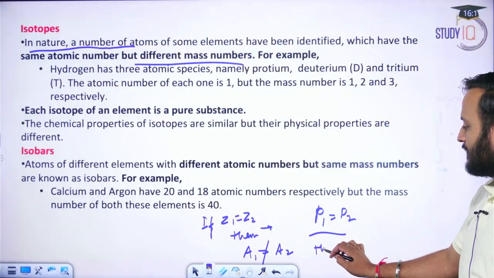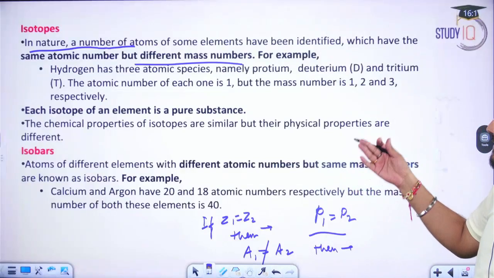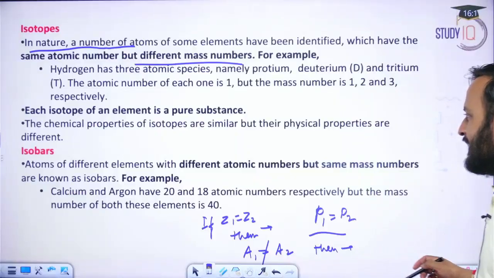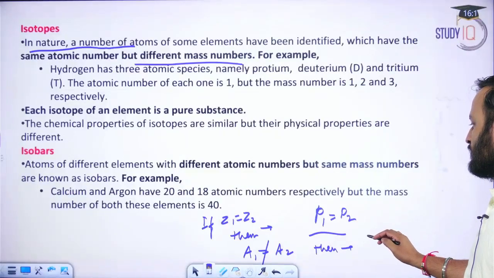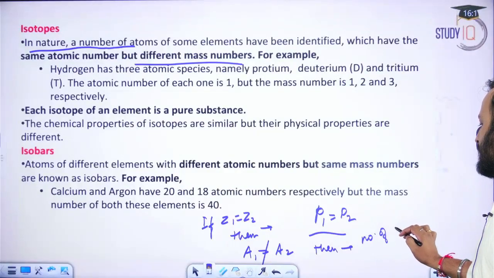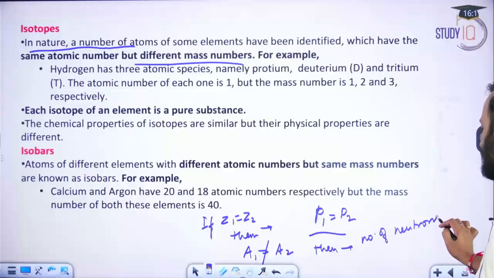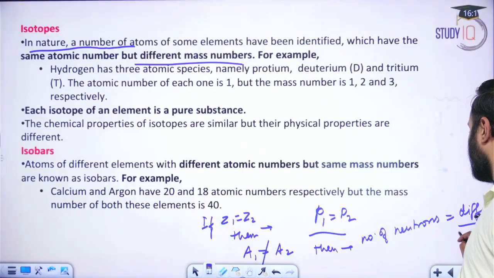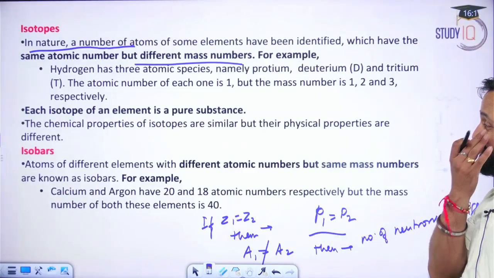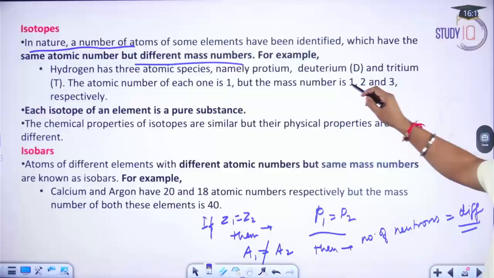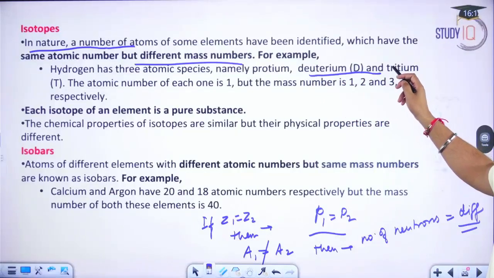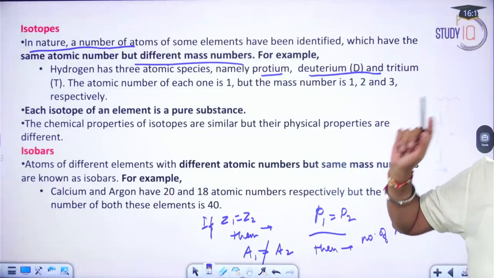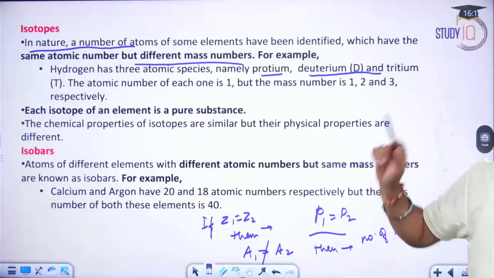Then you can see that in such case, number of neutrons is different. Okay, that is different. So guys, for example, hydrogen, you can see that hydrogen has deuterium, tritium, and protium. Okay, each of them have atomic number 1, but mass number is 1, 2, and 3.